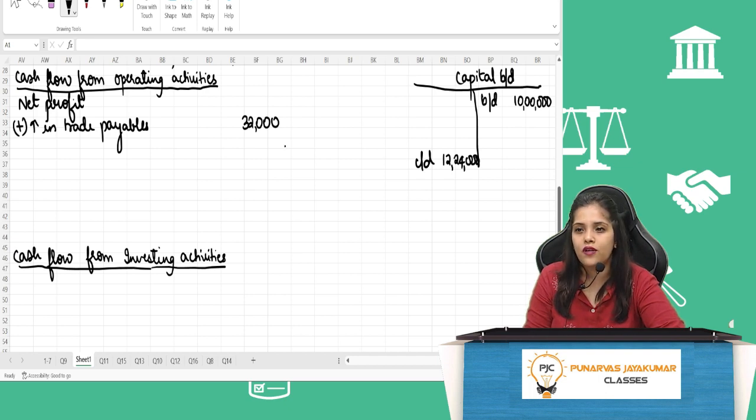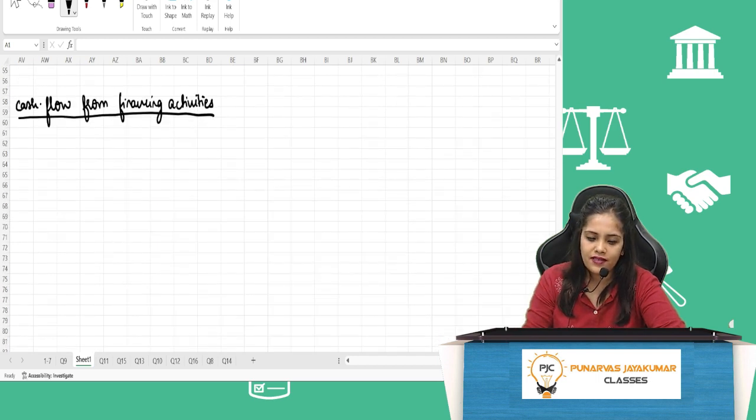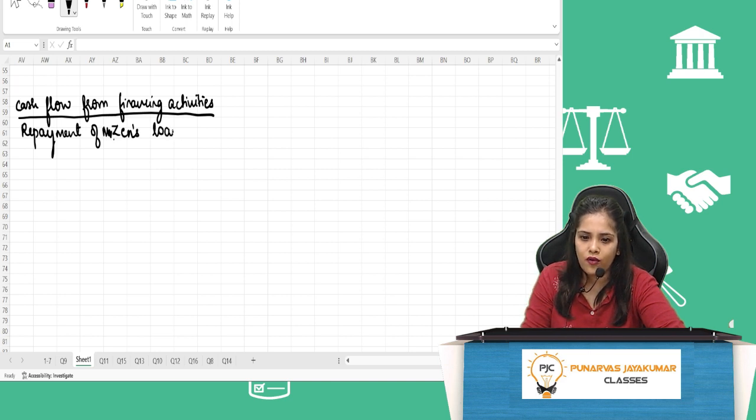Mrs. Zen's loan. It is repaid. So it will go in financing activities. Repayment of Mrs. Zen's loan 2 lakh, in bracket, because this is an outflow.